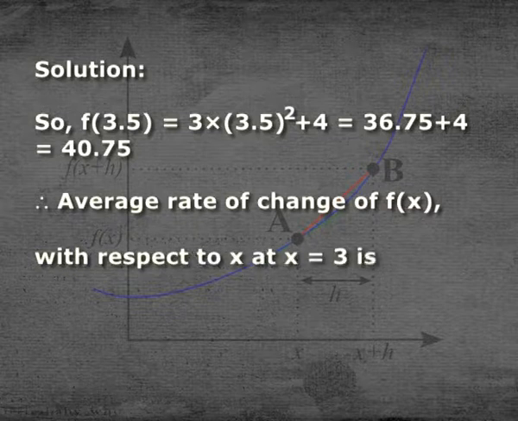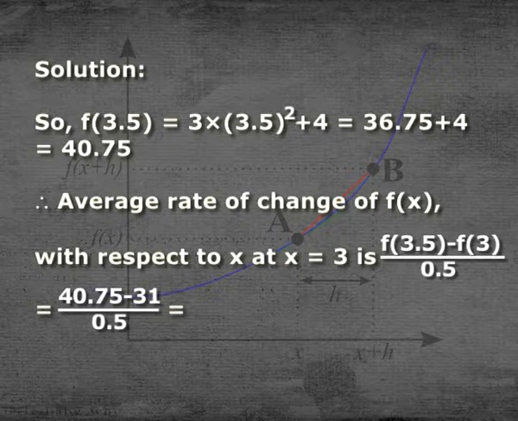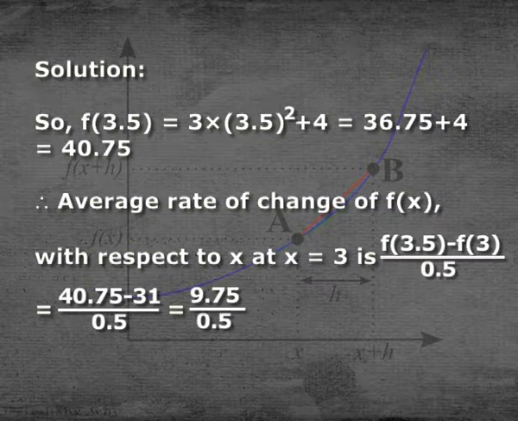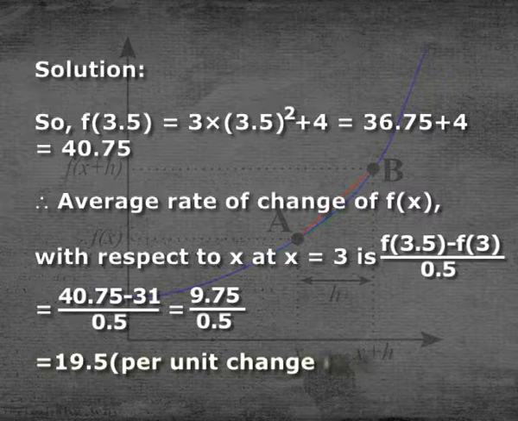Therefore average rate of change of f of x with respect to x at x equals 3 is f of 3.5 minus f of 3, the whole thing divided by 0.5. So that is equal to 40.75 minus 31, the whole thing divided by 0.5, which is equal to 9.75 divided by 0.5, which is equal to 19.5. So that is per unit change in x.